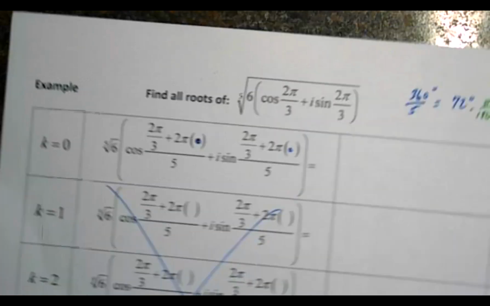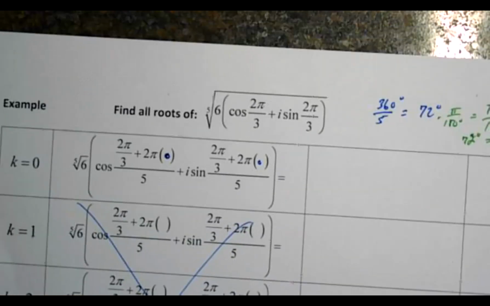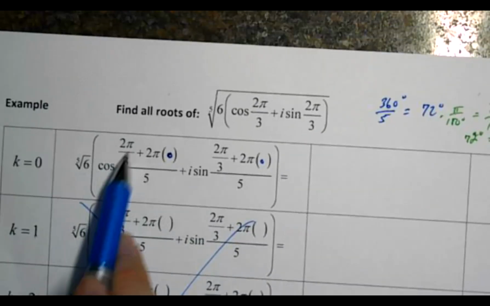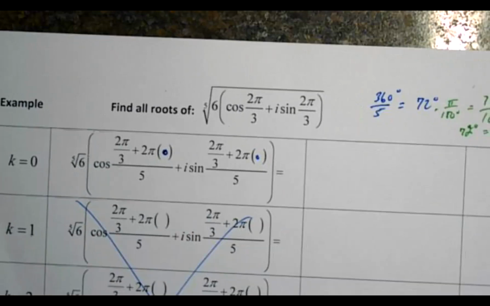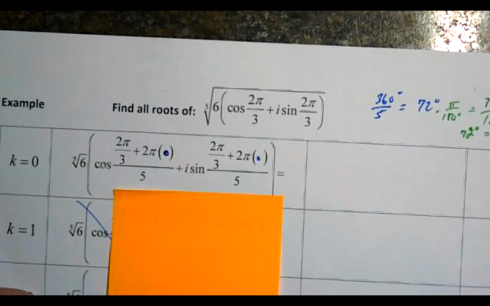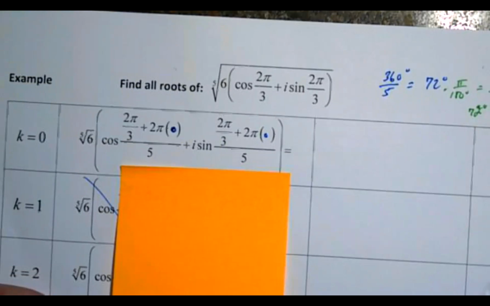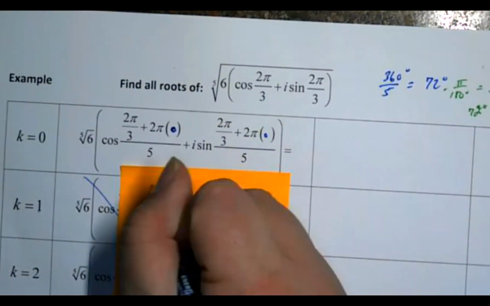All right. So what I'm looking at is 2 pi over 3 divided by 5. And don't try to save paper and do it in your head because there are too many people that have messed up doing this. Most on some recent exams, you guys have messed up.